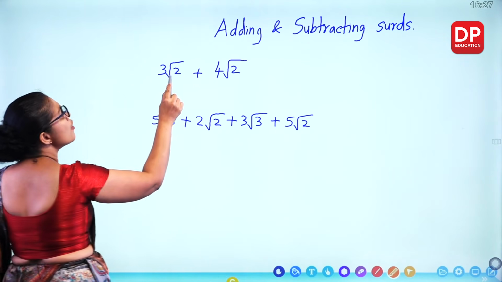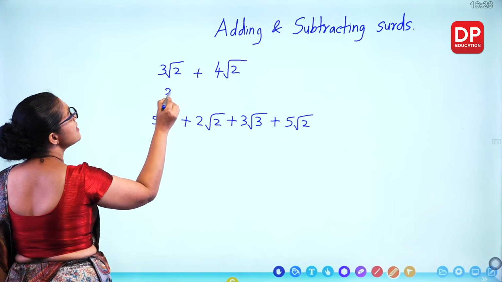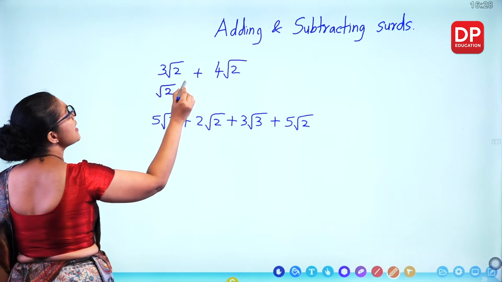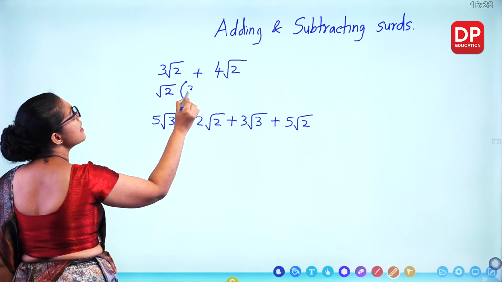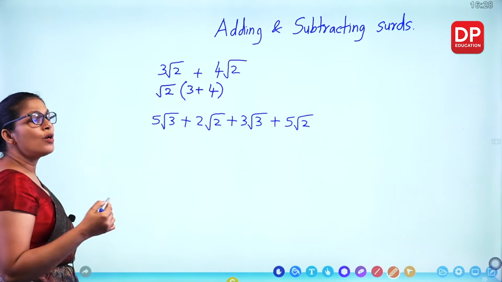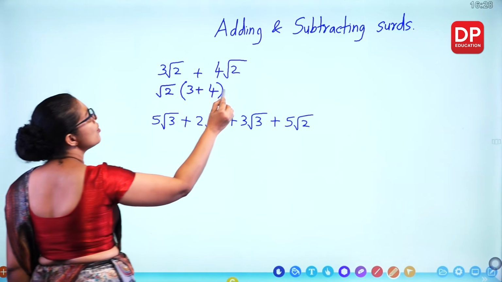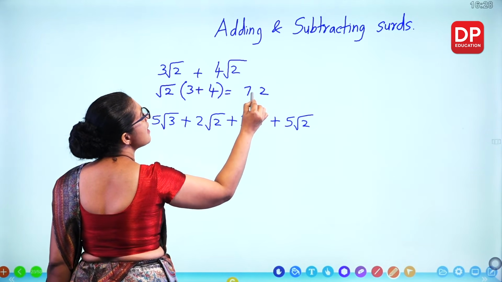I see root 2 is common to both expressions, so I can take it out. When I take root 2 out, what's remaining? 3 plus 4. We know 3 plus 4 is 7. So 7 root 2 you are getting as the answer.